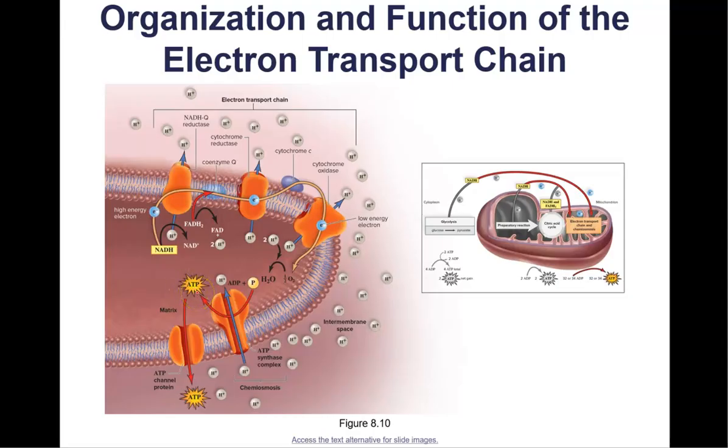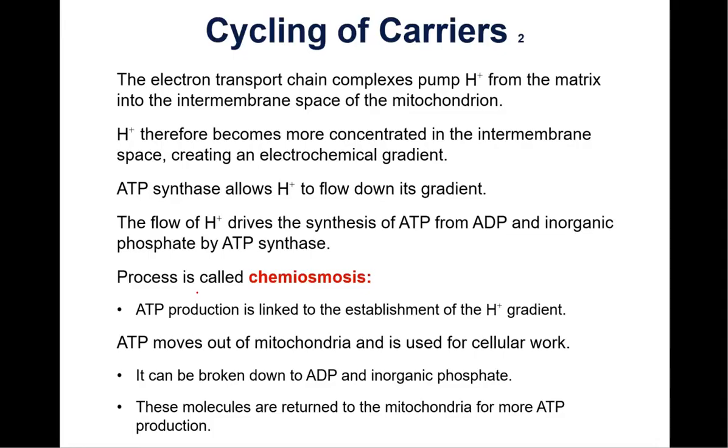So that is how the electron transport chain works, and we'll go back and make sure you get the notes for it. The electron transport chain pumps hydrogen ions from the matrix of the mitochondria into the intermembrane space.